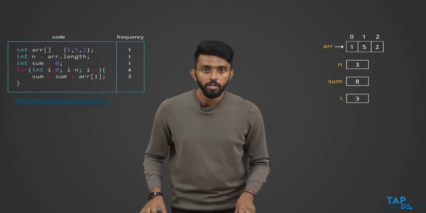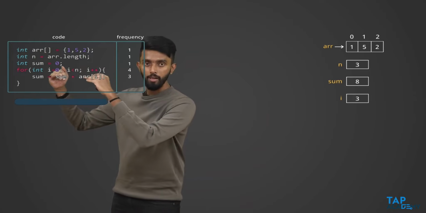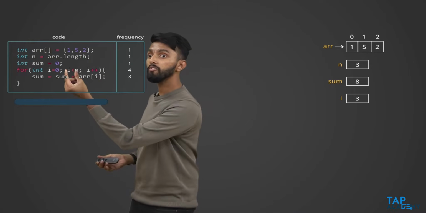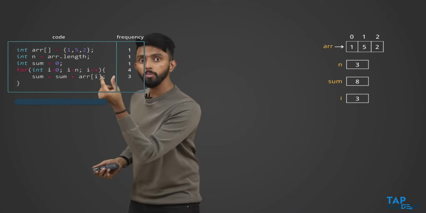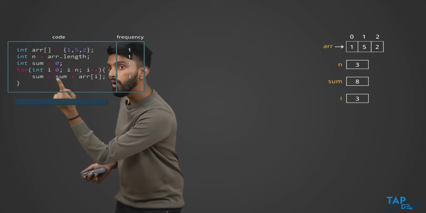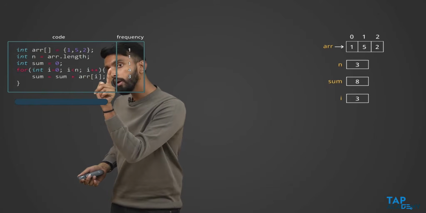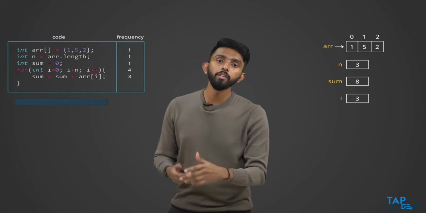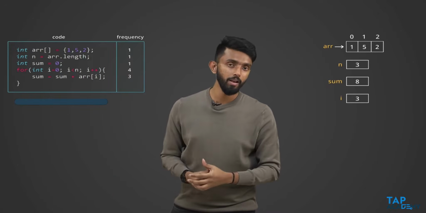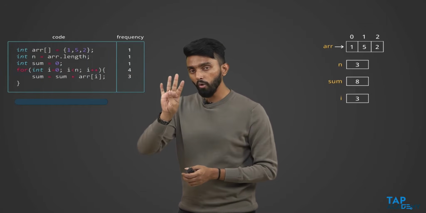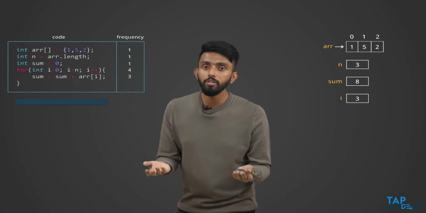Because the last time where the termination condition occurs, where this condition fails, that also should be considered. So this will execute only as long as the condition is true. This statement will execute for every time that the condition is true and for the 1 time that the condition is false as well. So if the for is executing 4 times, body will execute 3 times.